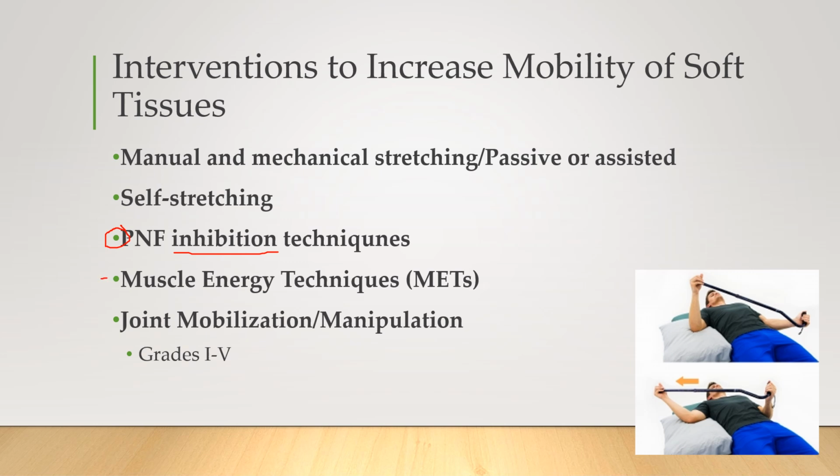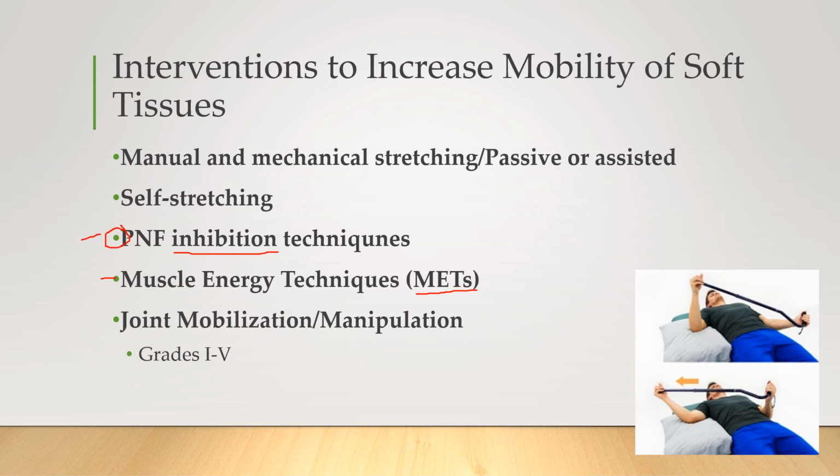Another one that you're probably going to see a lot of in clinic, because a lot of providers use these, are muscle energy techniques, or METs. And these are very similar to PNF techniques. They have some of the same characteristics, using isometric contractions followed by stretching. But muscle energy techniques are really well utilized to help improve postural alignment and range of motion.